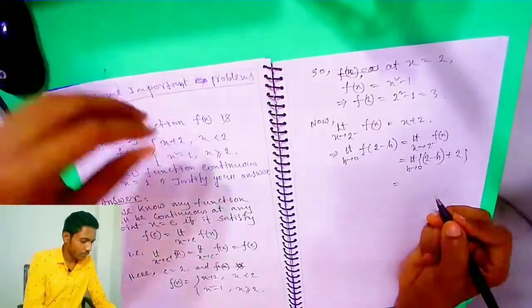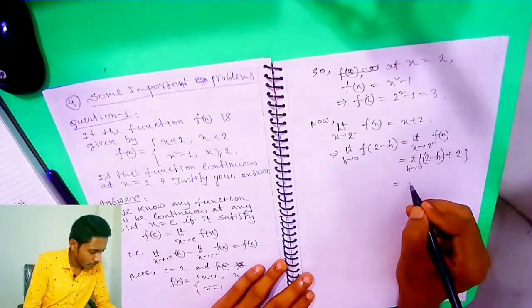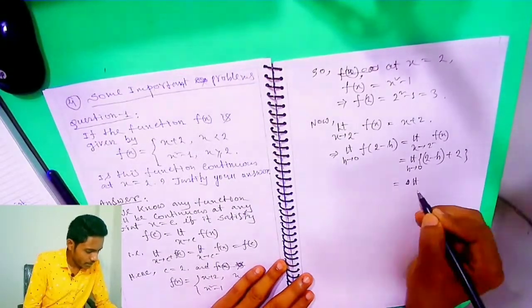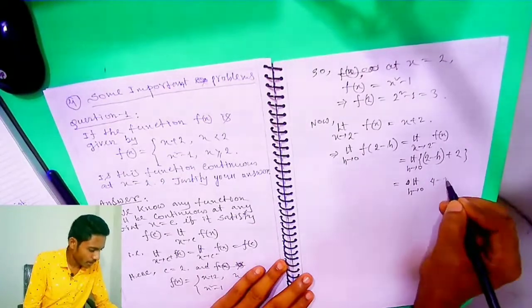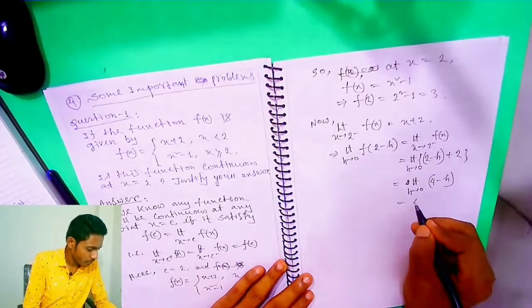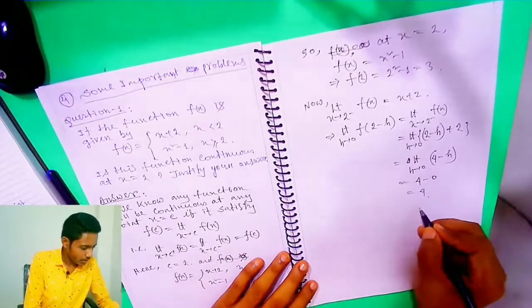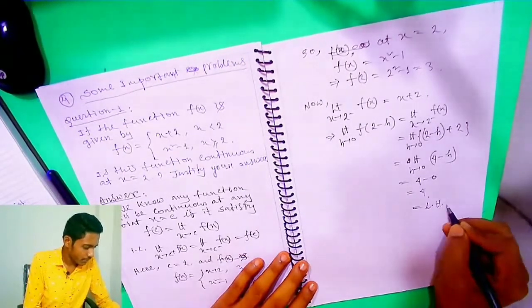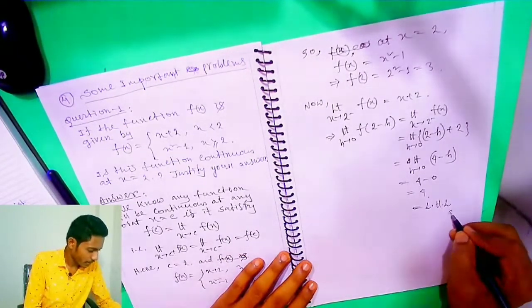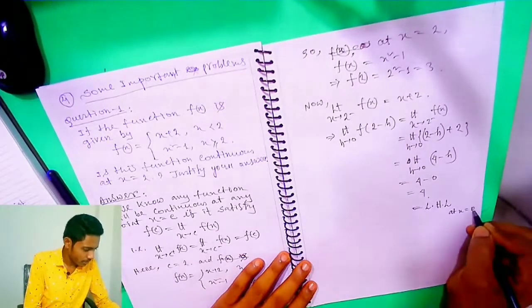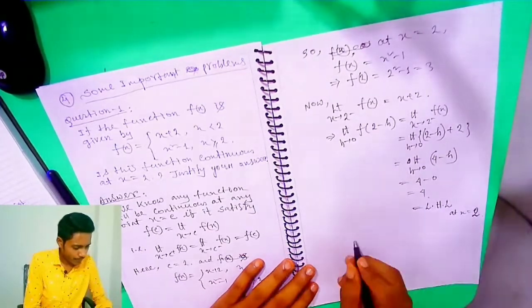This is equal to limit h tends to 0, 4 minus h is equal to 4 minus 0 is equal to 4. This is equal to the left hand limit at x is equal to 2.